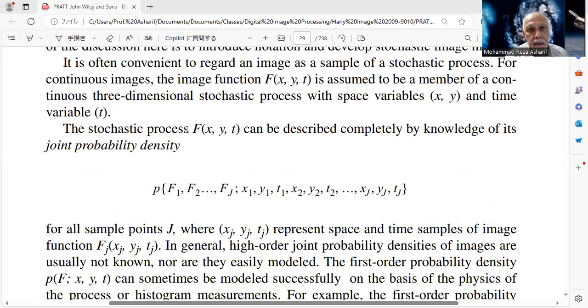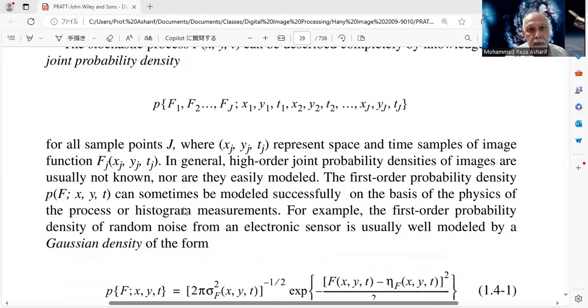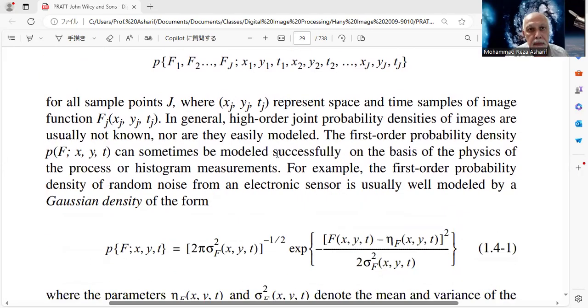In the stochastic process, we describe this f completely by the joint probability P(F1, F2, and so on, if there are many), with the different coordinates X1, X2, and so on, T1, T2, and so on.